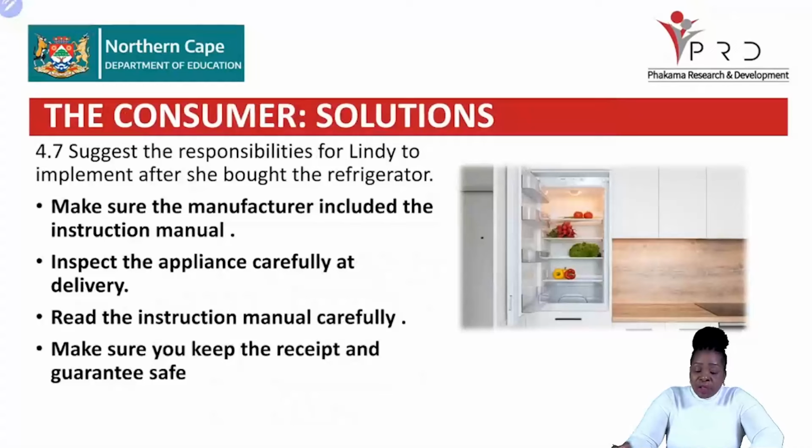So Lindy has to make sure the manufacturer included the instruction manual. Why do you need an instruction manual? So that you know how to use your refrigerator, how to connect, and how to do all the other things.